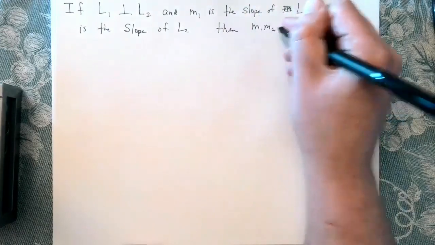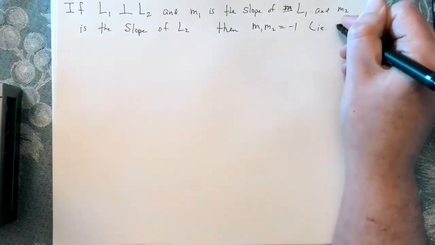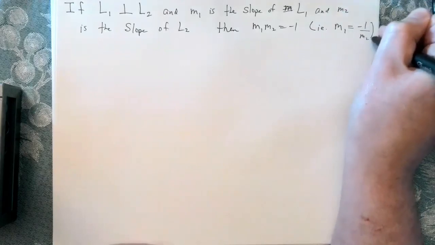Then the product of their slopes is -1, or that's the same thing as saying they have negative reciprocal slopes when you solve.